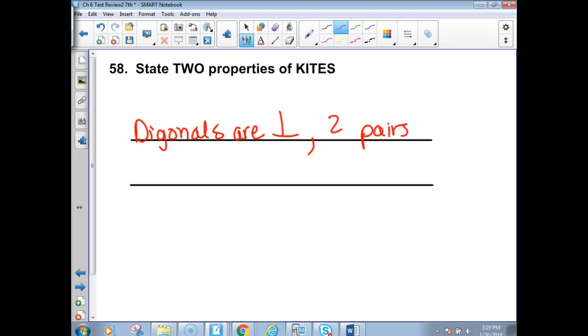Two pairs of consecutive sides are congruent. That's good enough. Those are the two I think you would bring up. It also has a line of symmetry. There are more things you could say, but that's enough.